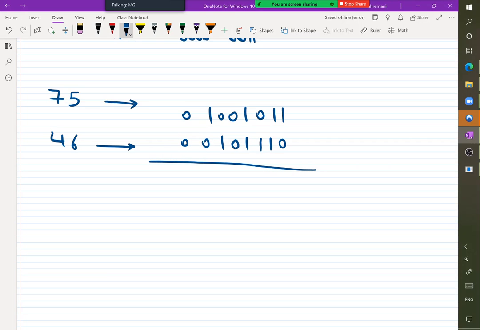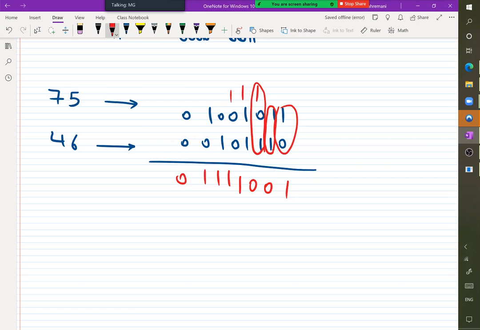If we add these two numbers together, 1 and 1 is 0, we have a carry. 1 and 1 is 0, we have a carry. 1 and 1 then 1 is 1, we have a carry. 1 and 0 is 1. 0 and 1 is 1. 1 and 0 is 1, and this one is 0.